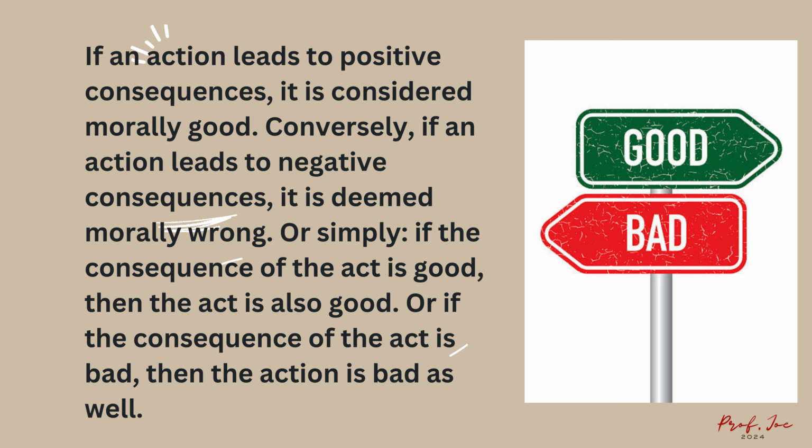If an action leads to positive consequences, it is considered morally good. Conversely, if an action leads to negative consequences, it is morally wrong. Or if the consequence of the act is good, then the act is also good. Or if the consequence of the act is bad, then the action is also bad. While this approach may seem straightforward, it can lead to complex dilemmas.